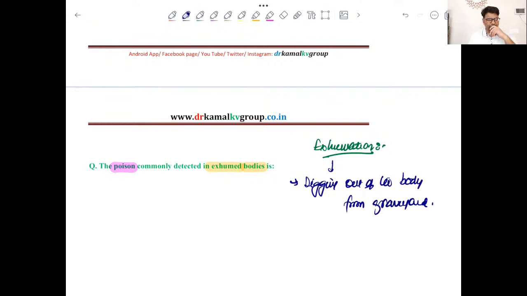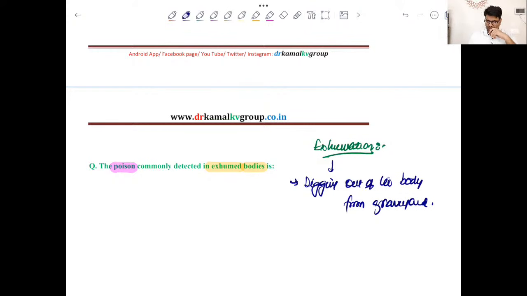Very good Narsimha, very good Sangmitra, both of you are correct. So suppose the dead body is in the graveyard, and later on there has been some need of some investigation, then that body is taken out and then the required process is carried out, right?